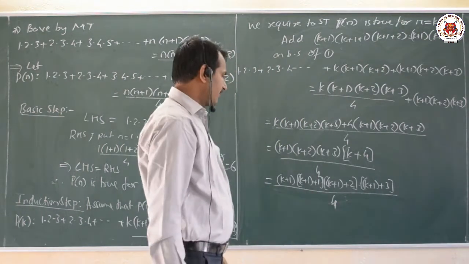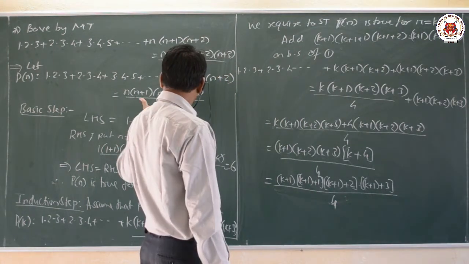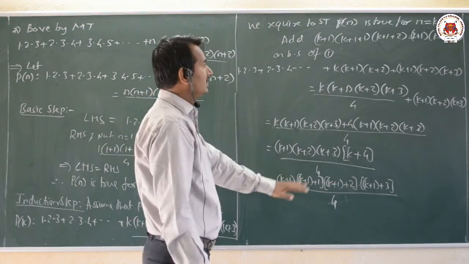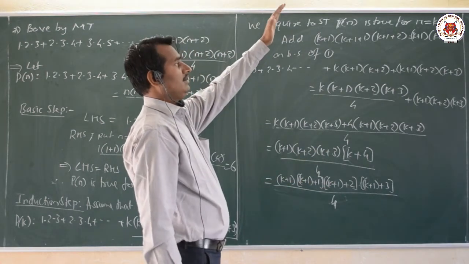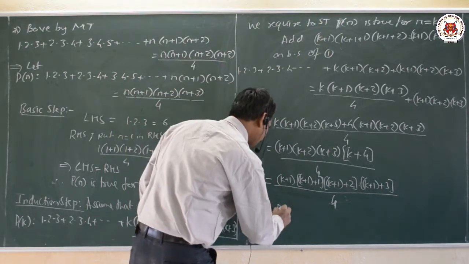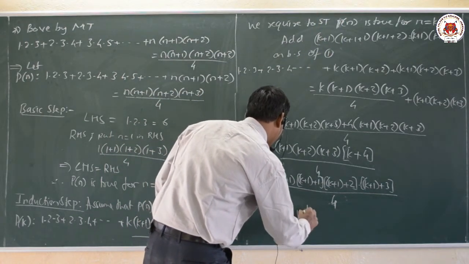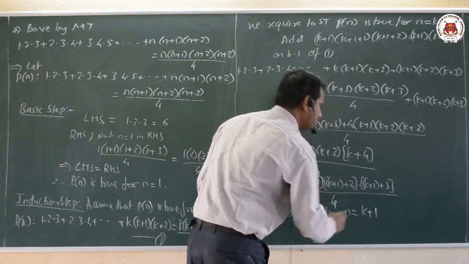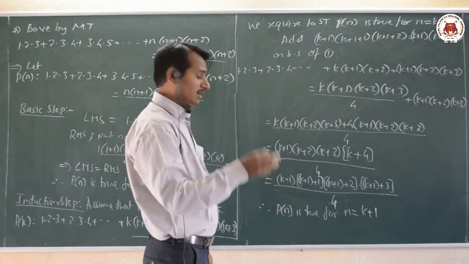Now here, wherever n is there, in the place of n we got k plus 1. That means we have shown that P of n is true for n equal to k plus 1. At last, the conclusion step.